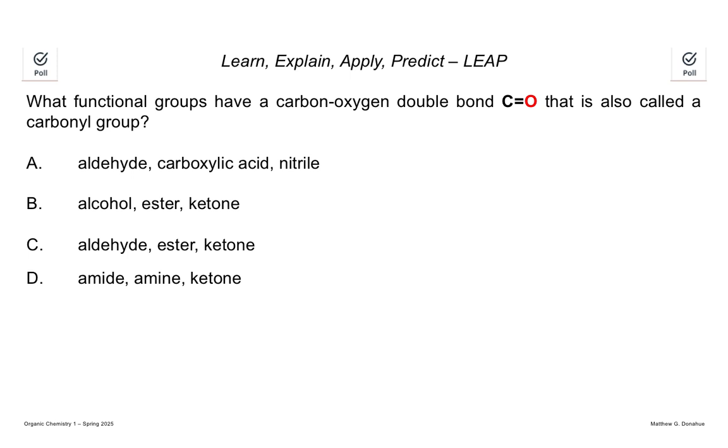What functional groups have a carbon-oxygen double bond that is also called a carbonyl group? So C. The aldehyde has the carbonyl at the terminal carbon of the chain. The ester has a carbonyl that's sigma bonded to some other oxygen.